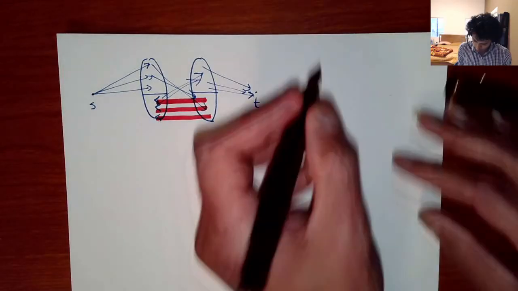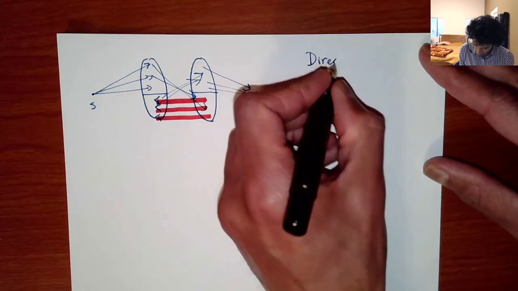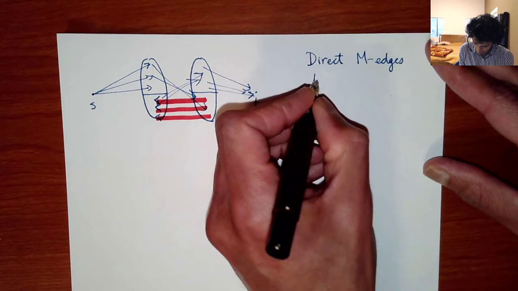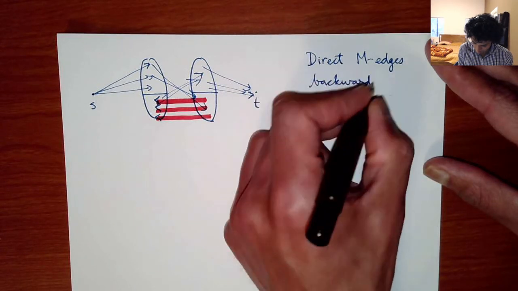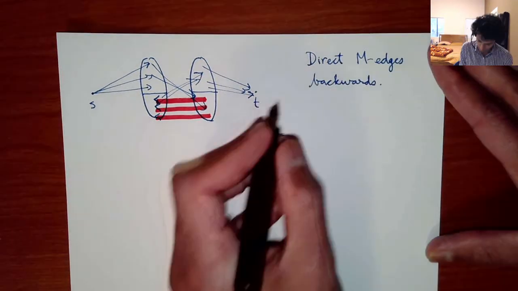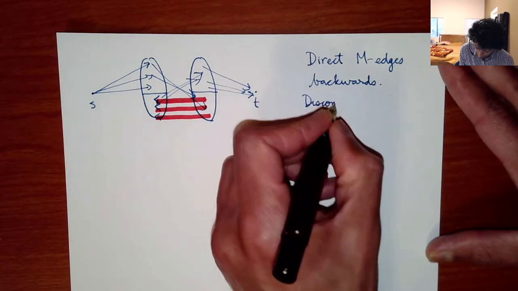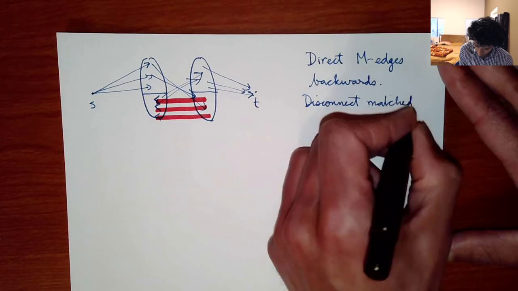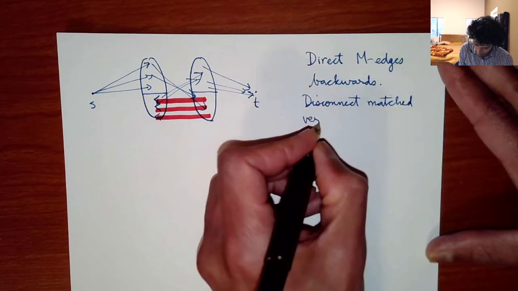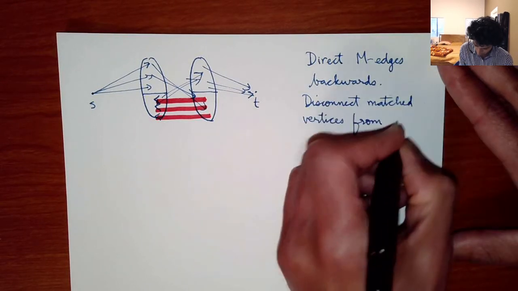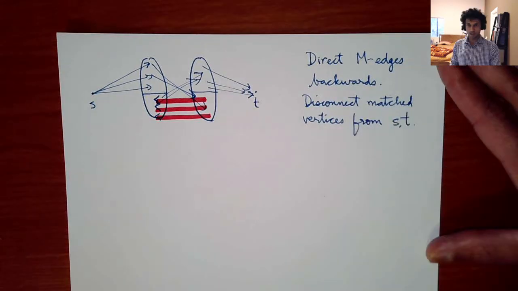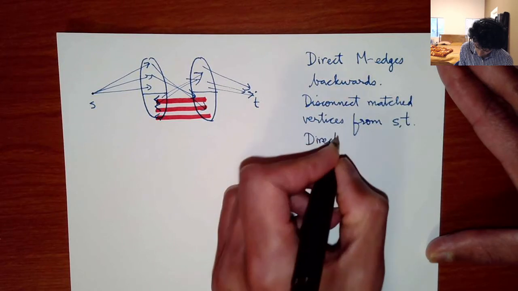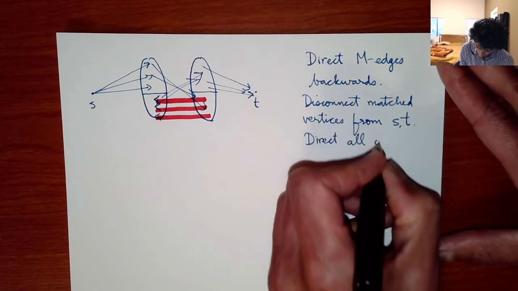I'll write it out here. Direct M edges backwards, disconnect matched vertices from S and T, direct all other edges.